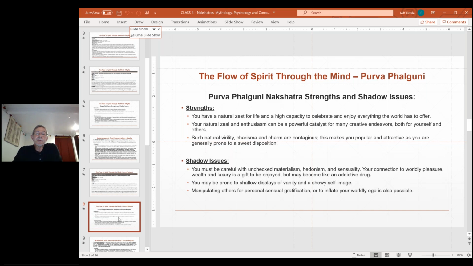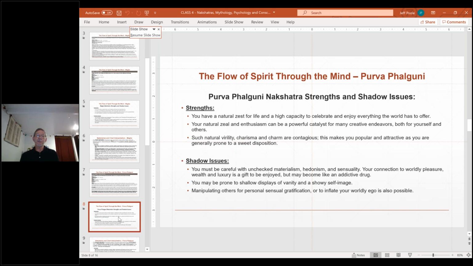Now, in the shadow issues, you have to be careful of being too caught up in hedonism and sensuality and all the materialism, which is your connection to all the worldly pleasure, the wealth, the luxury. It's a gift to be enjoyed, but it can become an addictive drug as well.